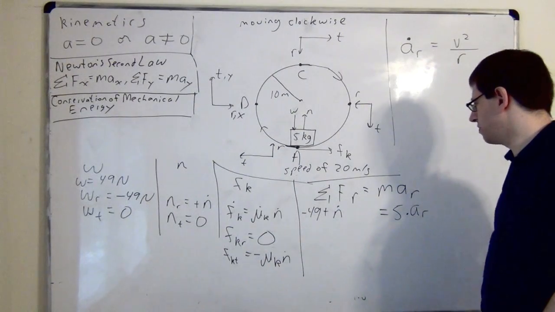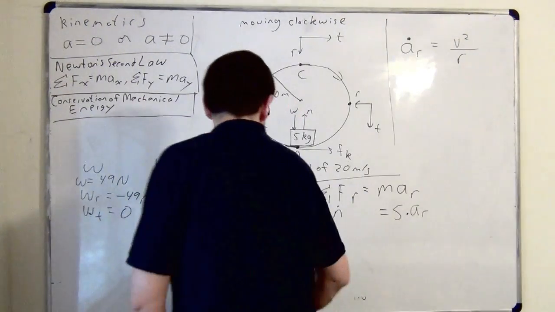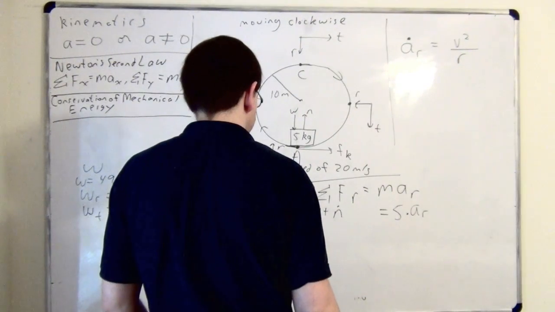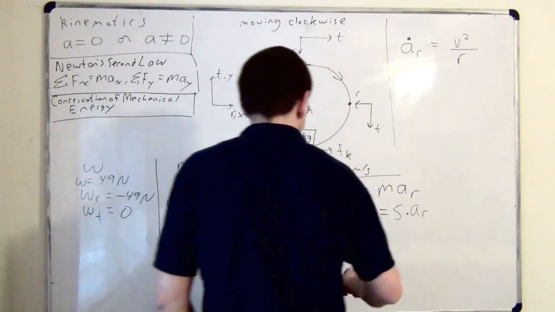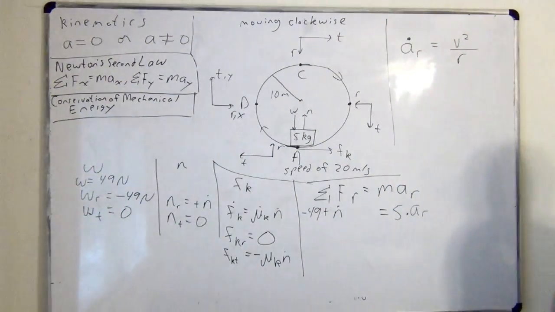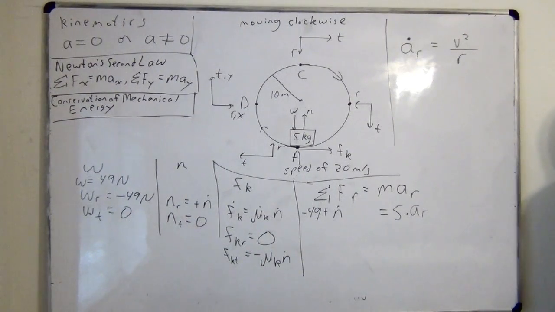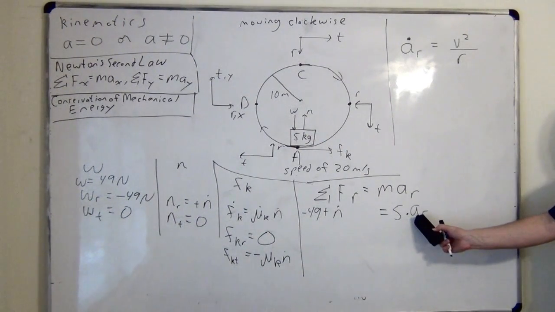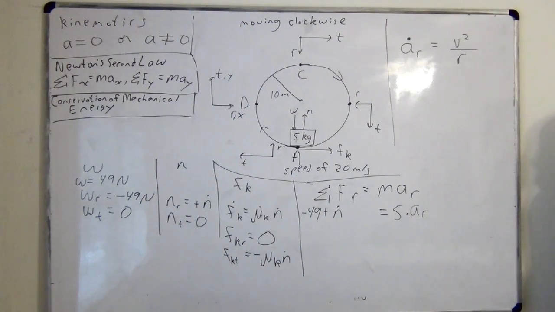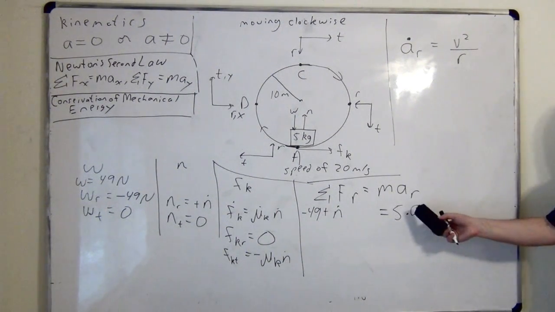What do we plug in for a radial? We have to solve for... Anything we can plug in for this? Yeah. So when we were doing problems before, I kept trying to trick you into plugging something in for a when you couldn't.